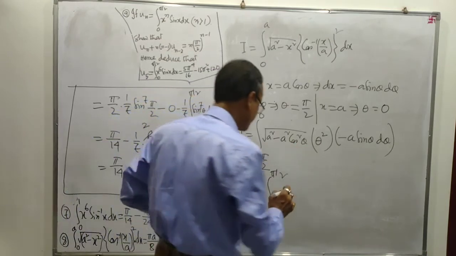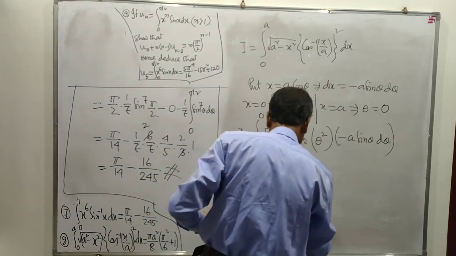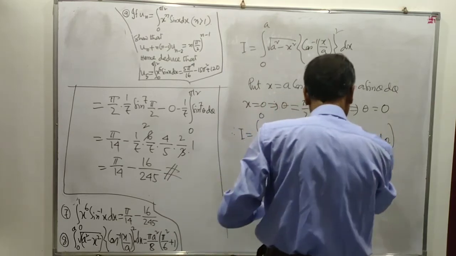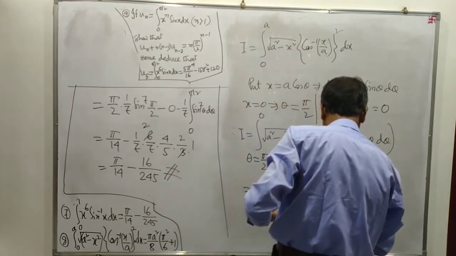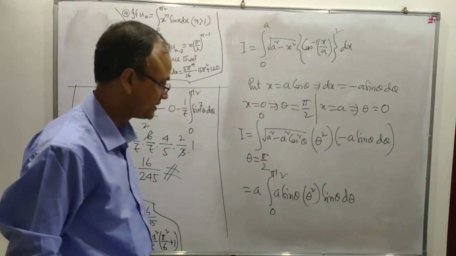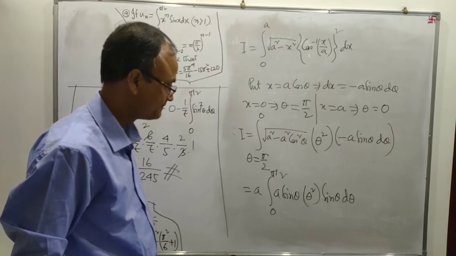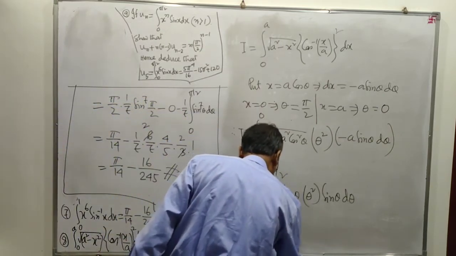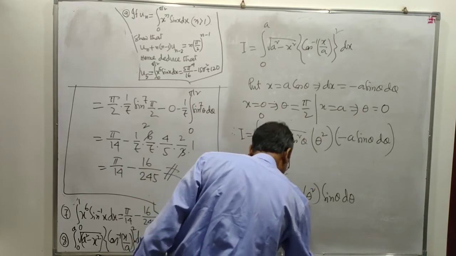A sin theta, into theta square, and we have already written a here. This is equal to a square into integration 0 to pi by 2.